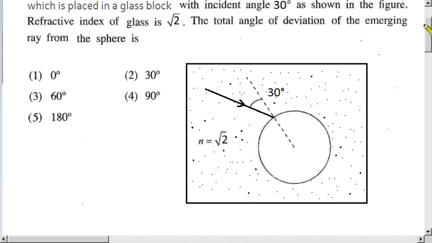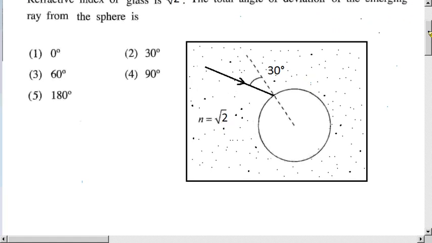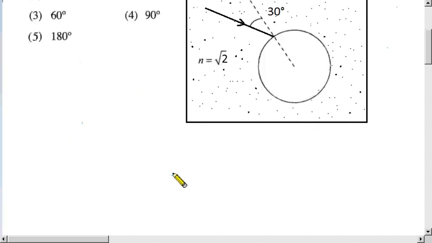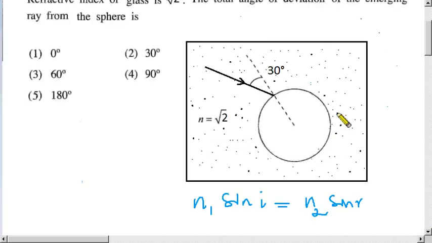So I think now you have finished. You have reached your answer. So I am going to solve it. So let us do n1 sin i equals n2 sin r, as previously. Let us first of all find out the value of r.